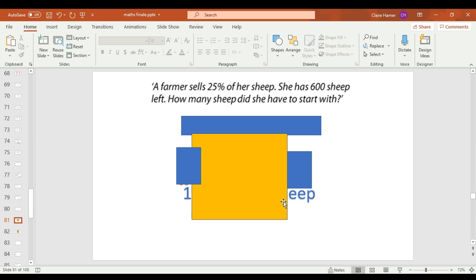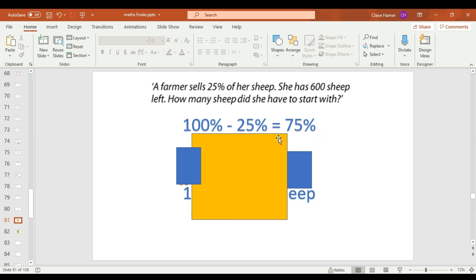Okay, I'm going to reveal the first part. So 100 take away 25 is 75. So 600 is worth the 75%. Now think about earlier in the lesson. How can you get from 75 back to 100?